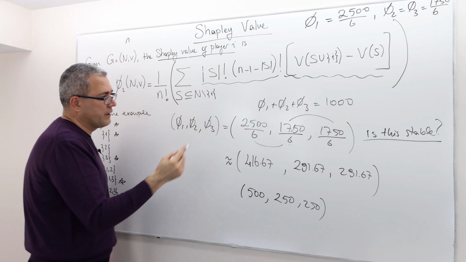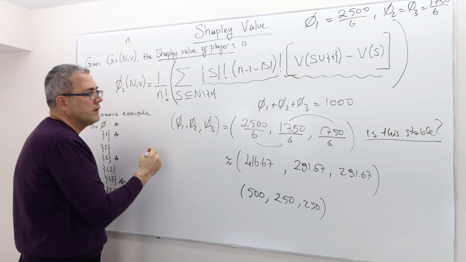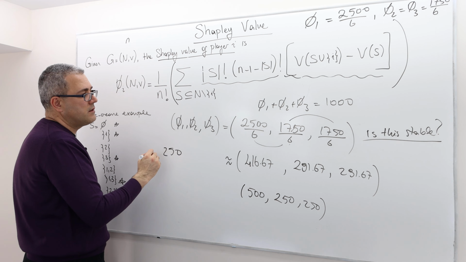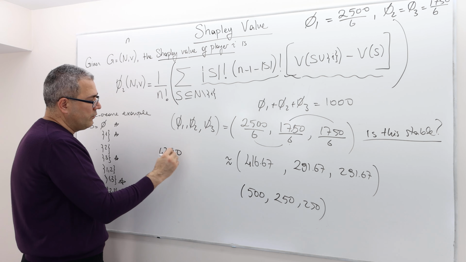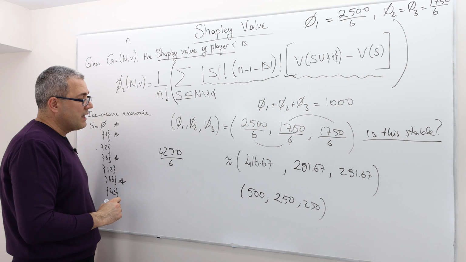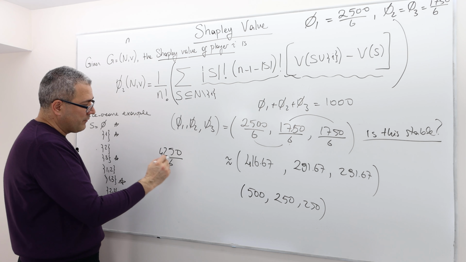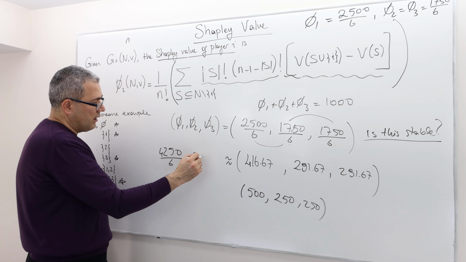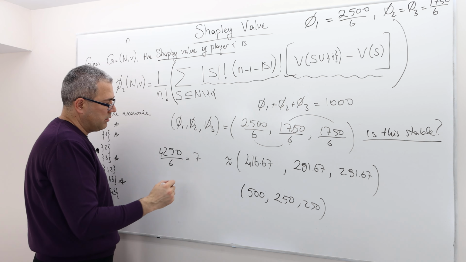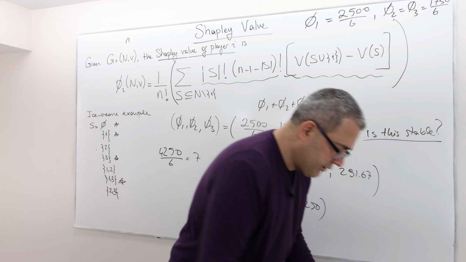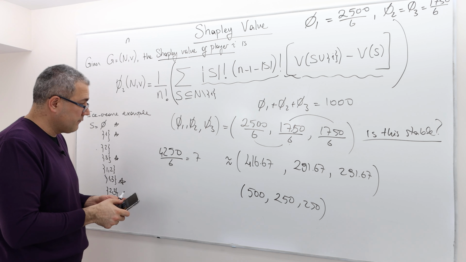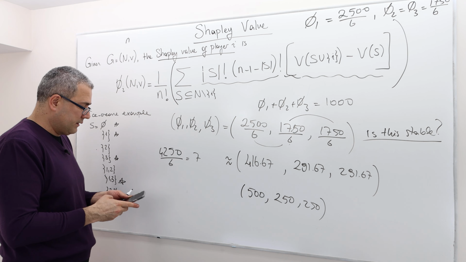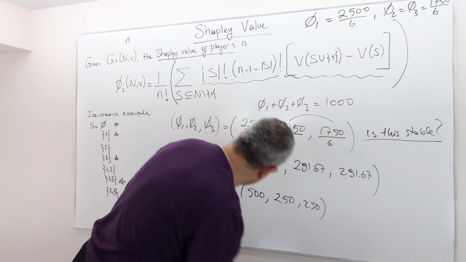But these two, for example, 1 and 3, so it is basically 4250 divided by 6. Let's check. Oh, 708.